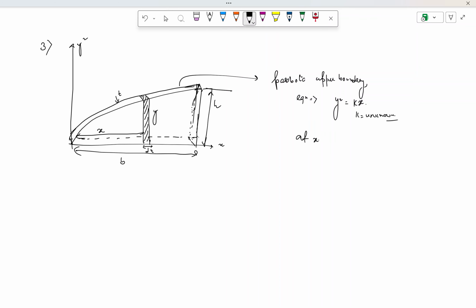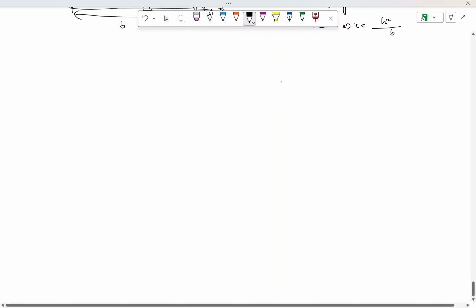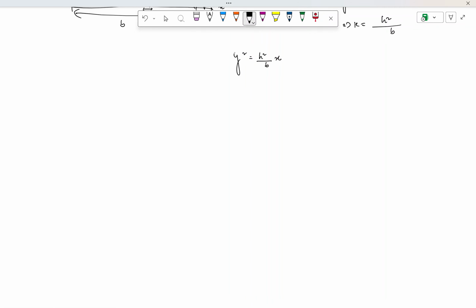So then h squared equal to k into b. So k equal to h squared by b. So the parabolic equation will be y squared equal to h squared by b into x. This is equation number 1.